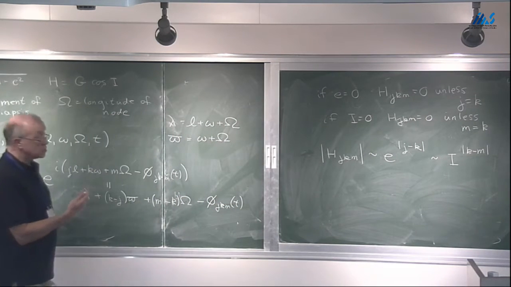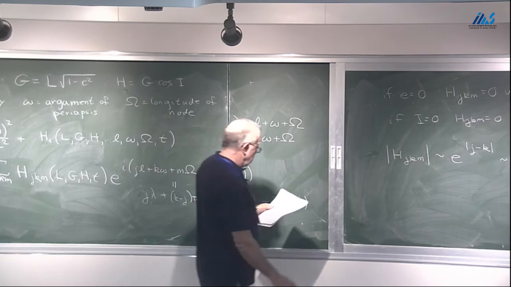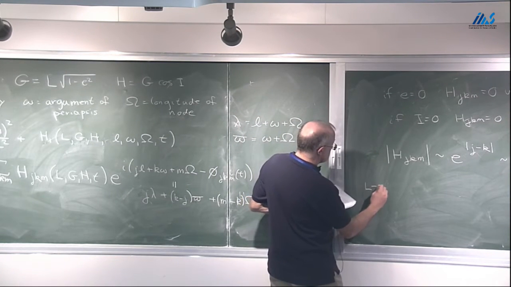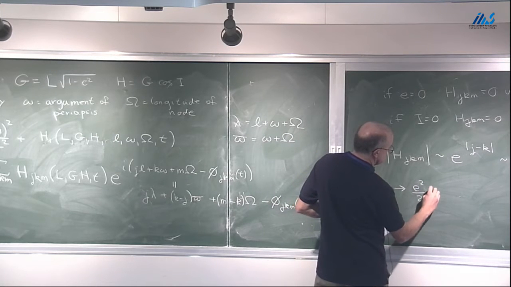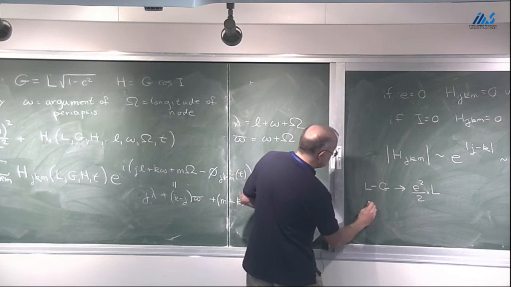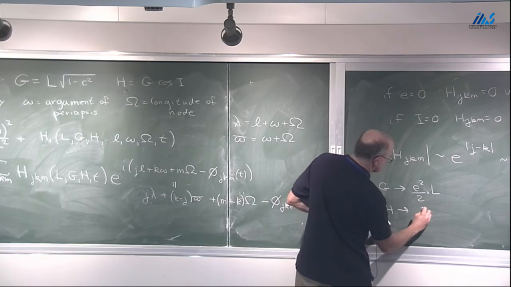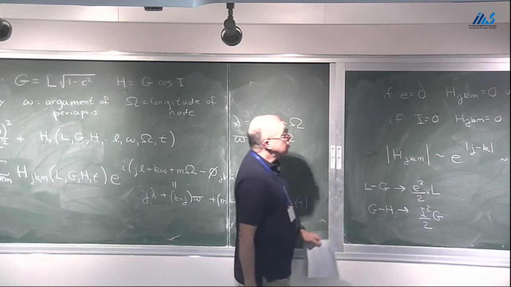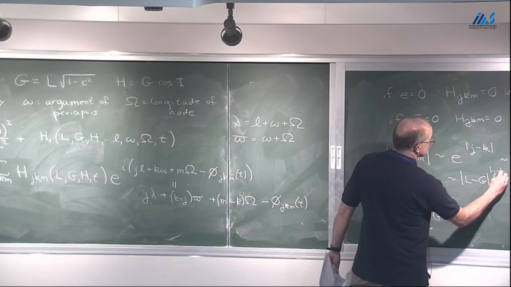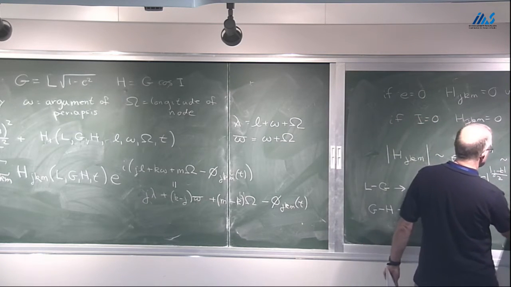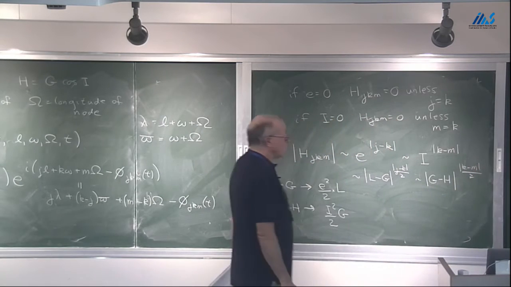That's giving you the expression in terms of eccentricity and inclination rather than the Delaunay elements, but you can see from those expressions that L minus G is, for small eccentricity, e squared over 2 times L, and G minus H is I squared over 2 times G. And so these two expressions can simply be rewritten as the absolute value of L minus G to the absolute value of J minus K over 2, and the absolute value of G minus H to the absolute value of K minus M over 2.